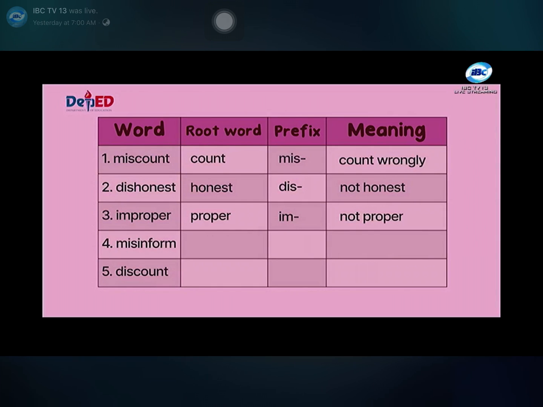It is misinform. What do you think is its root word? Fantastic! The root word is inform, which means to give information. Can you guess the prefix used in that word? If your answer is mis, excellent! Misinform now means to inform wrongly.